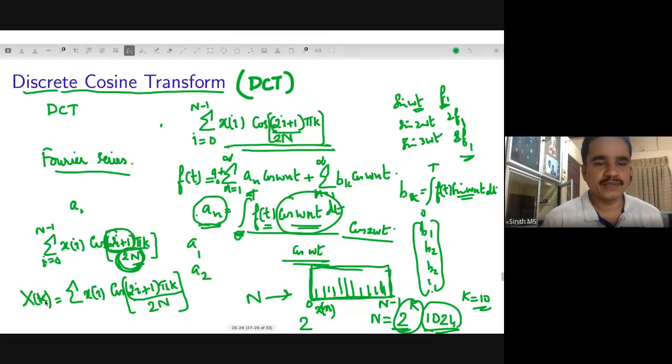To not confuse with discrete Fourier transform, I will put a small c here, notating that this is cosine transform. So Xck is basically sigma xi cos 2i plus 1 pi k by 2n.